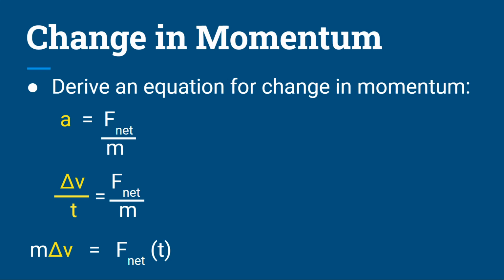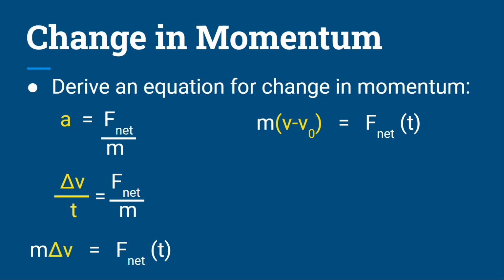This is actually the impulse-momentum theorem on my screen right now. We'll get to what that means in a minute. But we're not finished, because I still want to derive an equation for change in momentum. So I'm going to expand that delta v. I know that that is change in velocity, and thus it is final velocity minus initial velocity. And so I have m times (v minus v naught) equals F net times t.